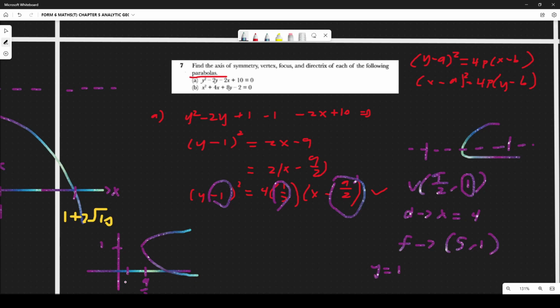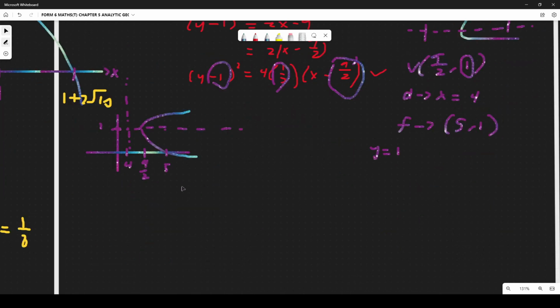So here, directrix is 4, focus is 5. Then here, and here. And the axis of symmetry is when y equals 1. If they didn't ask to sketch, don't sketch. You don't waste your time. You never have enough time. But yeah, it's going to look like this. Okay. So that will be the question.